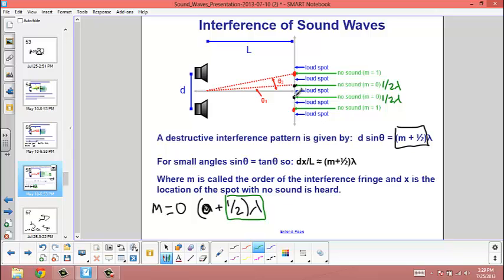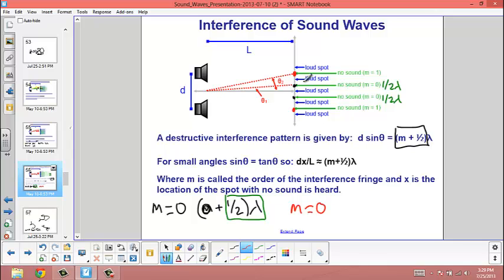If we're standing at the bottom, m equals 0, we're still off by 1/2 wavelength. But it means the distance from speaker B to that dot is 1/2 wavelength smaller than the distance from speaker A to that spot. Let's apply this to the other fringe, and we'll just use colors.